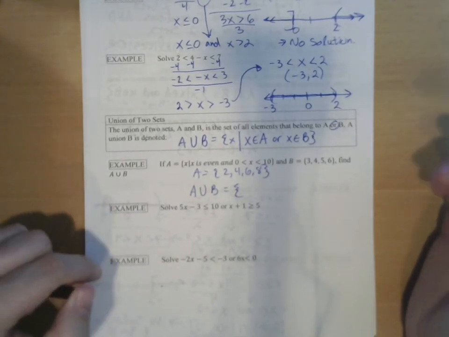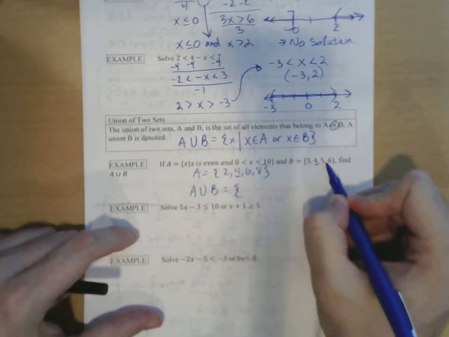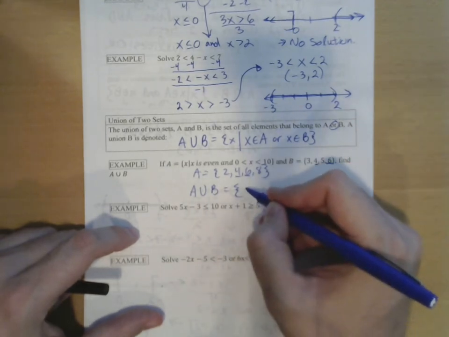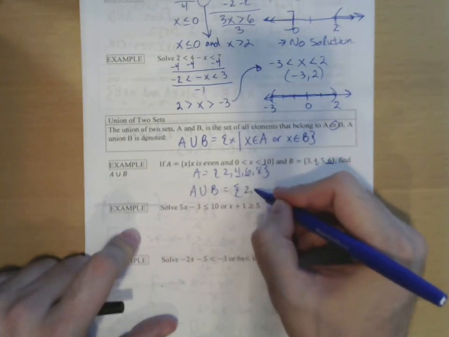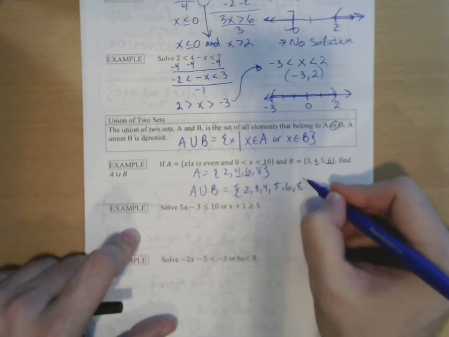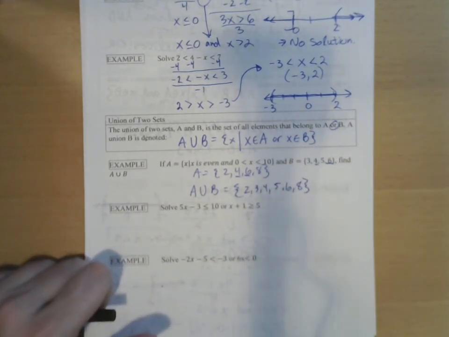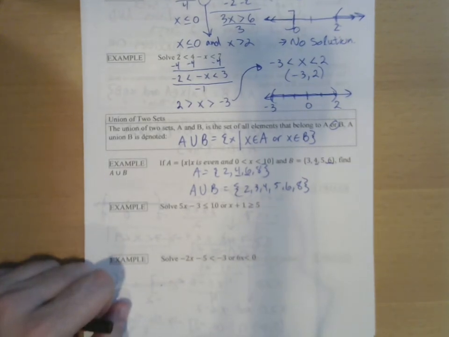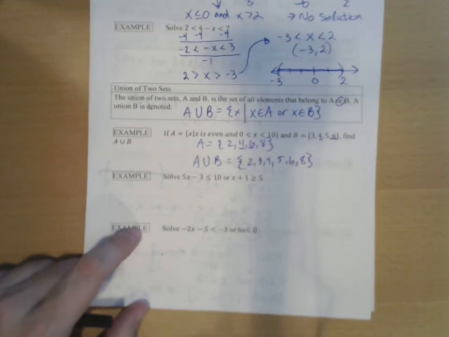You don't repeat things though, so 4 and 6 are repeated. We don't list those. So this would just be 2, 3, 4, 5, 6, and 8. Right? You just list everything that you see.